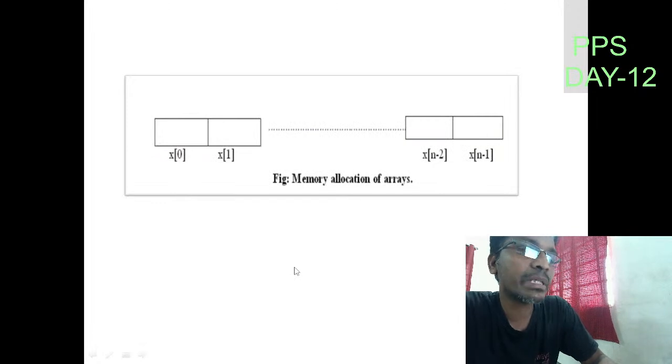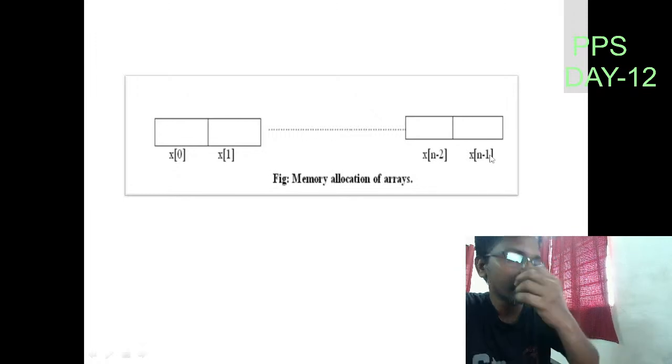Now coming to memory allocation of arrays. The memory allocation of an array will be done like this. The first element is stored at index number 0, the second element is stored at index number 1, and so on. The last element is stored at index number n minus 1.